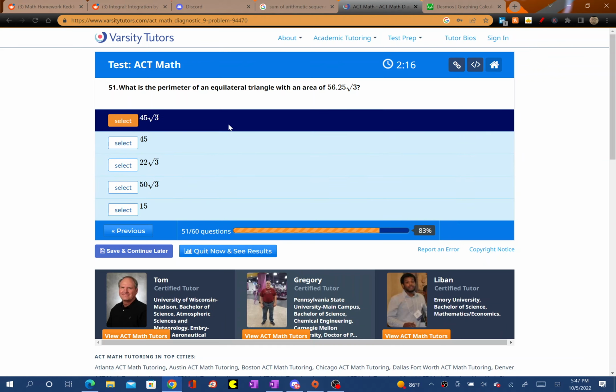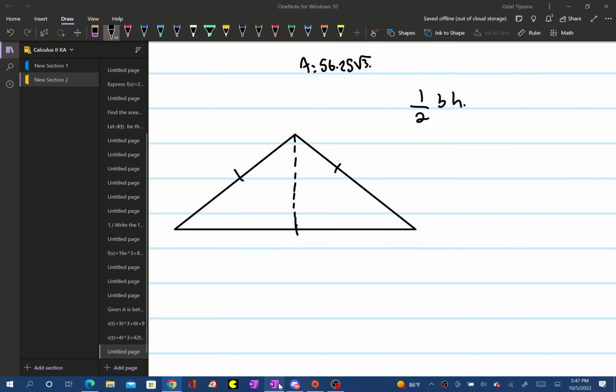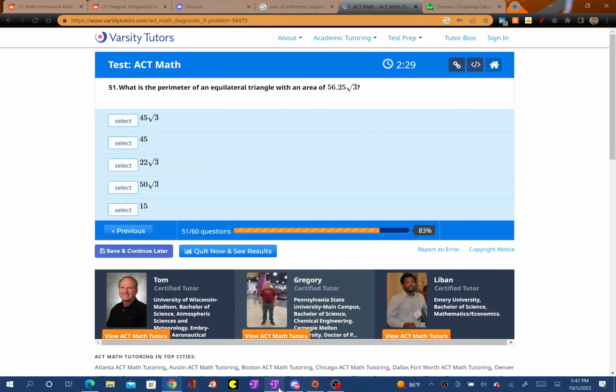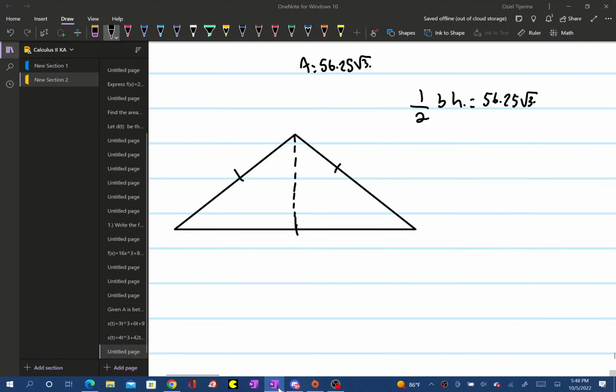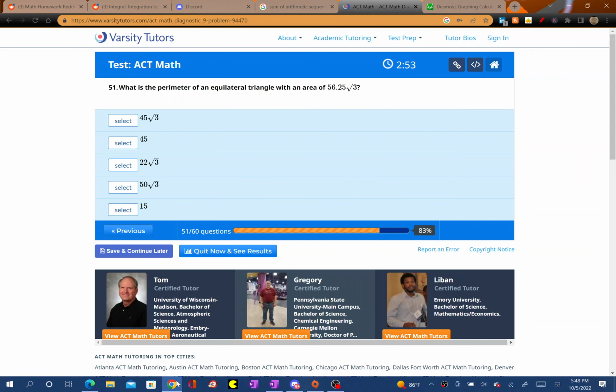Oh my goodness. 1/2 base times height equals 56.25 square root 3. But they don't give us 1/2 base times height. What if I said the height was square root 3 and the base was 56.25? What if I said that?